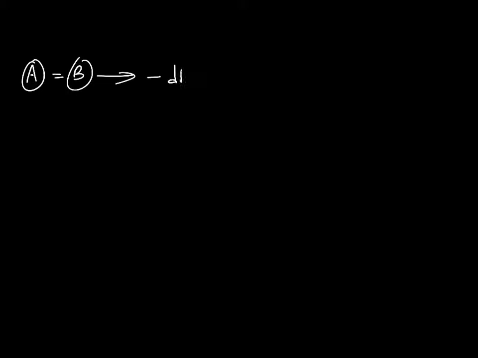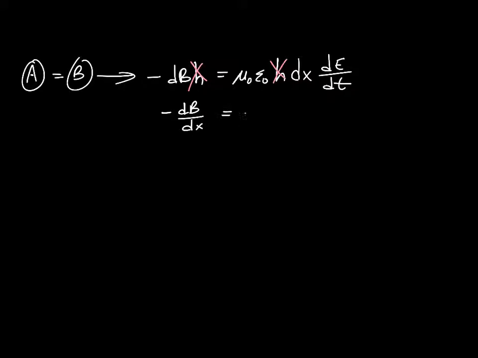So minus the differential on the magnetic field times its height will equal all these constants jammed together, h dx, and that differential on the field. Once again, h drops out, and you get a minus dB dx equals mu naught epsilon naught dE dt.